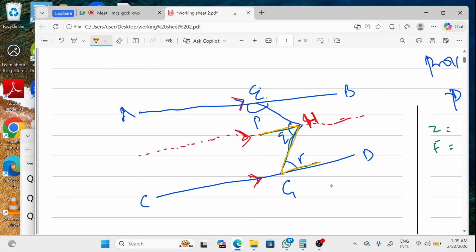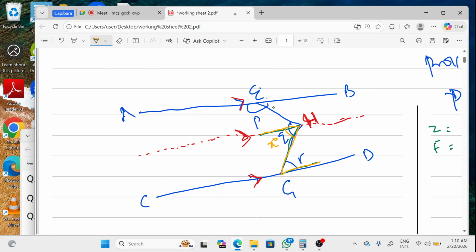So now a portion of Q is alternate to R. So let that portion of Q be x degrees. Okay, that's this part. Let's say it's x degrees.